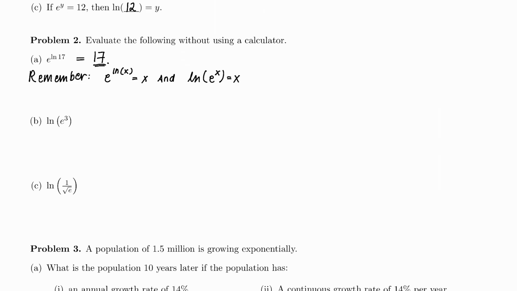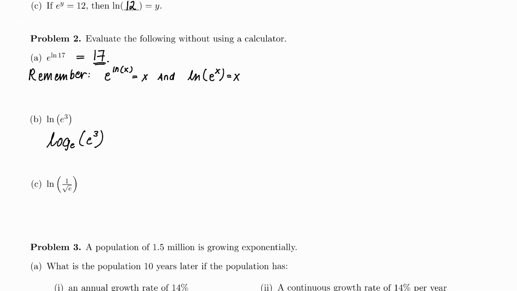So for part B, which is the natural log of e cubed, if I write this as a logarithm like we're used to, the base is e, x is e cubed, so that y needs to be equal to 3. So the natural log of e cubed is equal to 3.